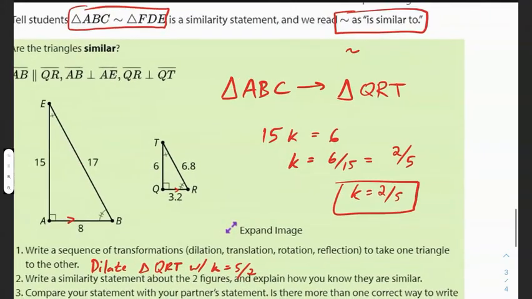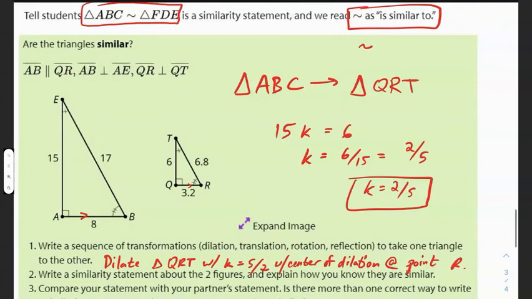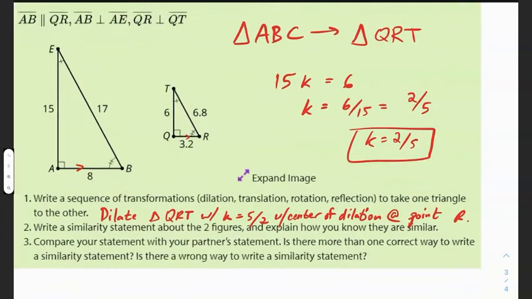Okay? So if we do that, and then probably with center of dilation at point, I'll just say R. Okay. And then, so that'll give me something like, actually, let me draw this a little bit better here.